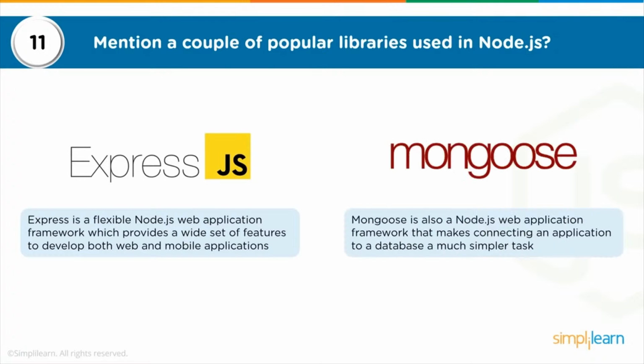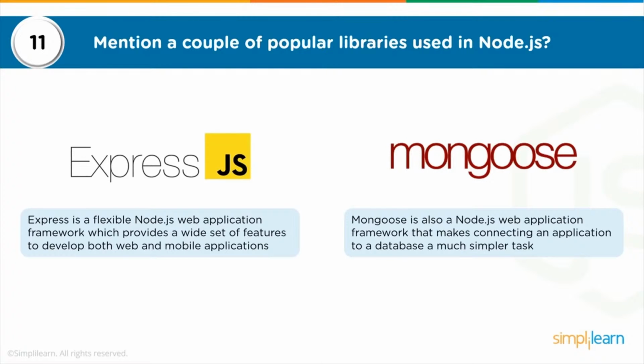Mongoose is an application that makes connecting to a Mongo database really easy. So here is an example of Express.js, which is a flexible solution that you can do lots with, and Mongoose, which is a more focused solution that makes it easier to connect to your databases.